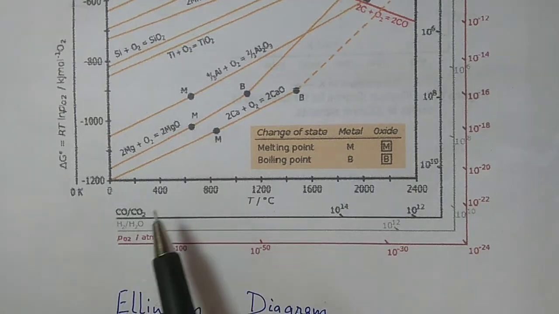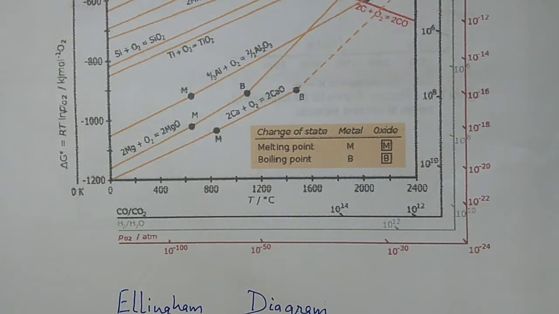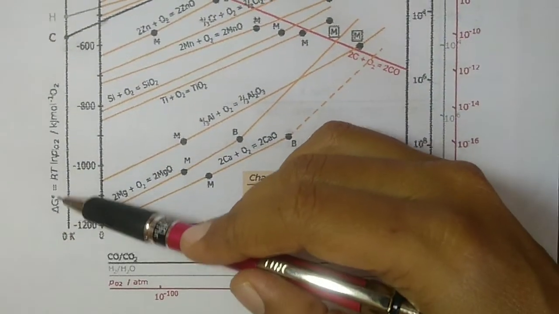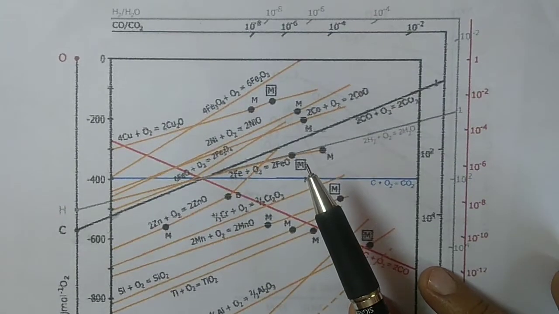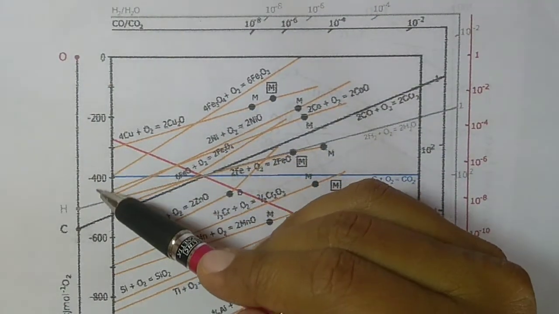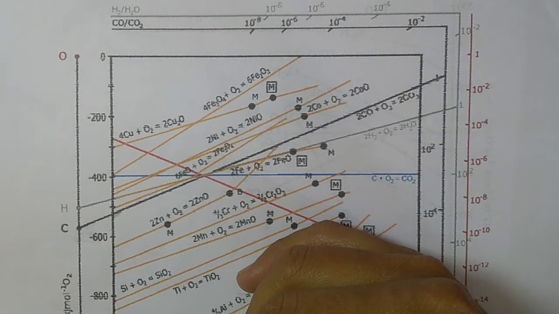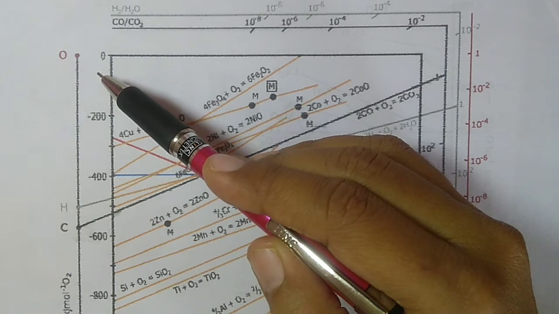You can see that at this axis temperature is present, and at this axis del G naught is present. If you observe, all the del G naught values are negative; positive values are not there.